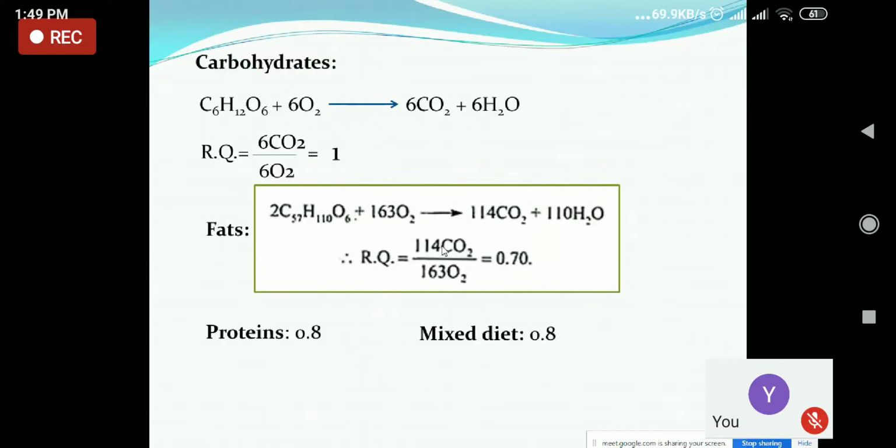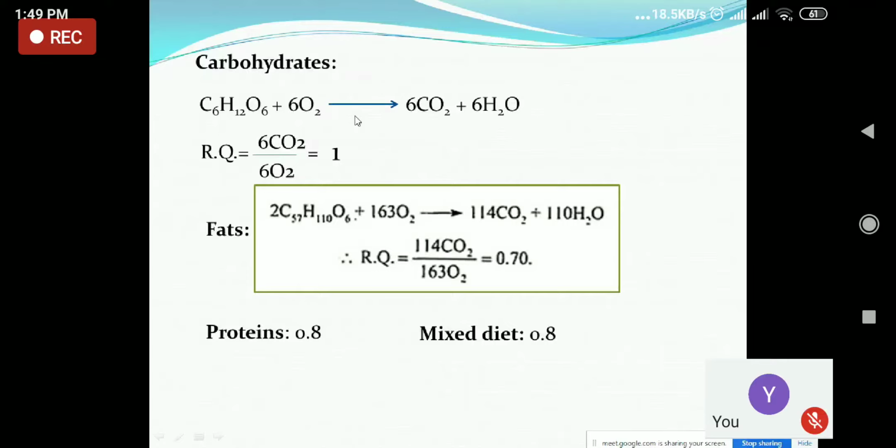Look at this, and this is the formula of what? This is glucose, and this shows that as the carbohydrates are completely oxidized, their respiratory quotient is close to 1. This gives the representation of glucose.